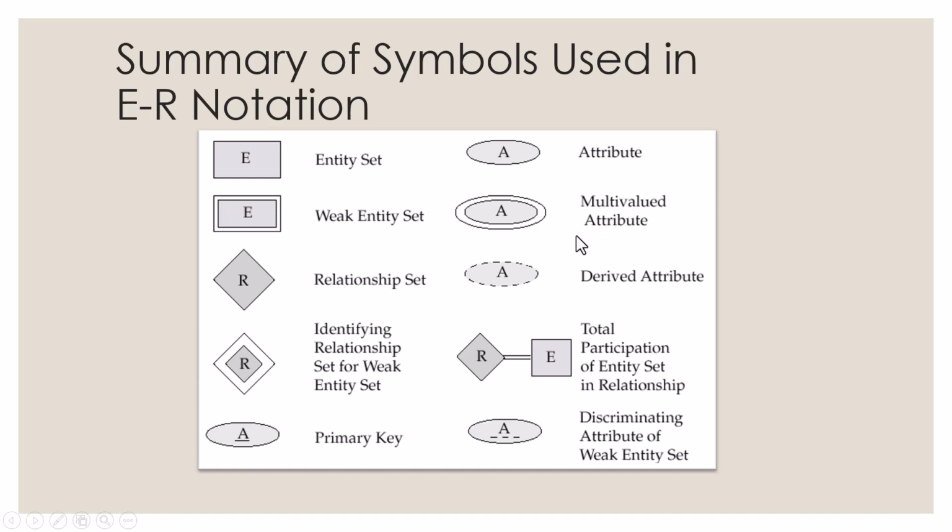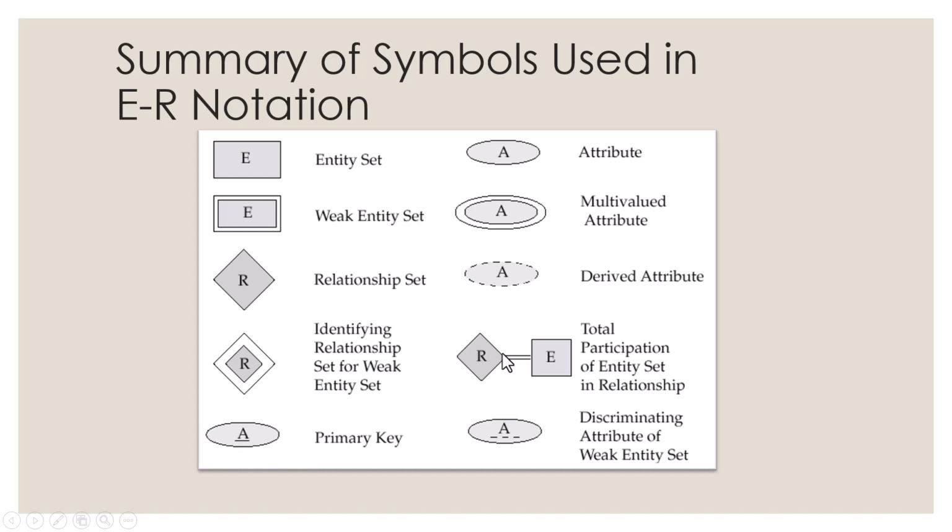We talked about multi-valued attributes, which can hold multiple values, like someone's degree or someone's phone number. A derived attribute is an attribute where we can derive the value using another attribute. Total participation is where this entity set has to be connected to at least one entity on the other end of the relationship.